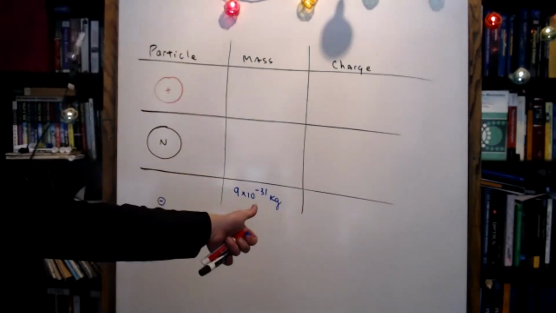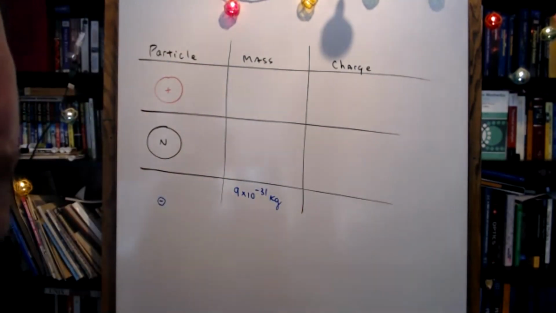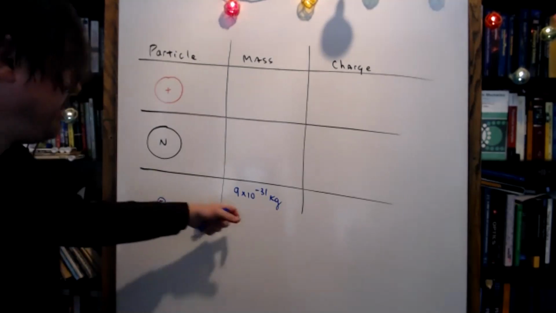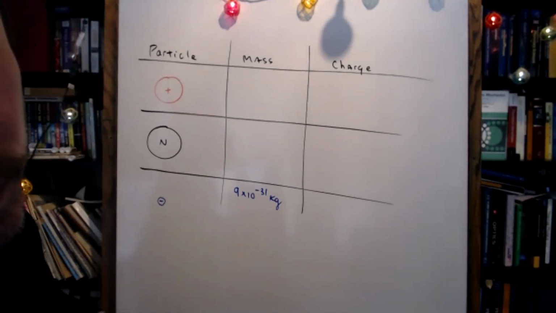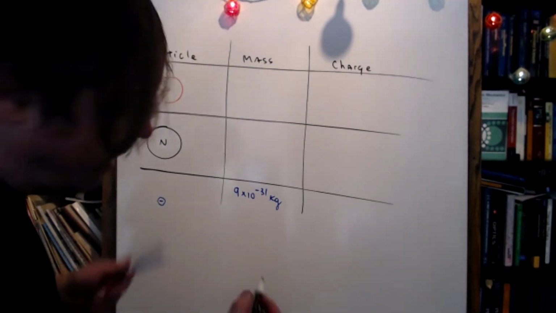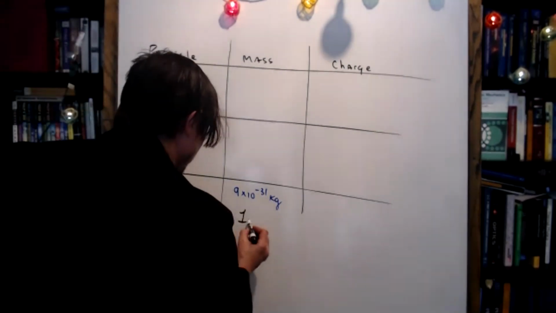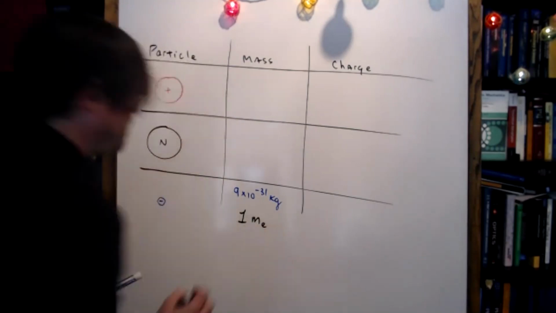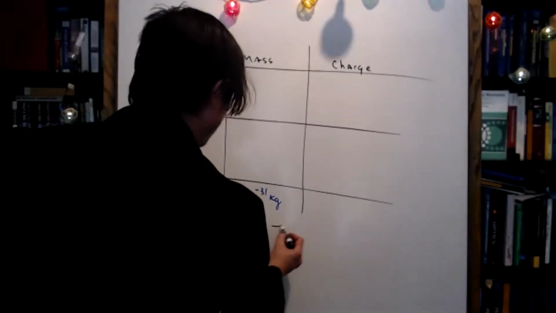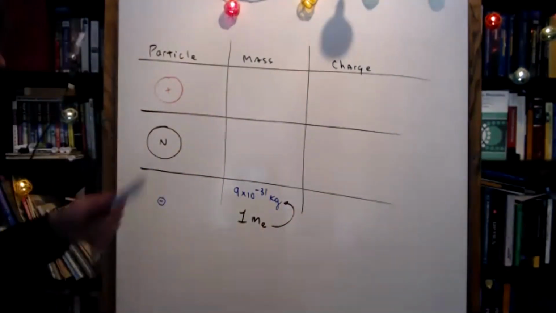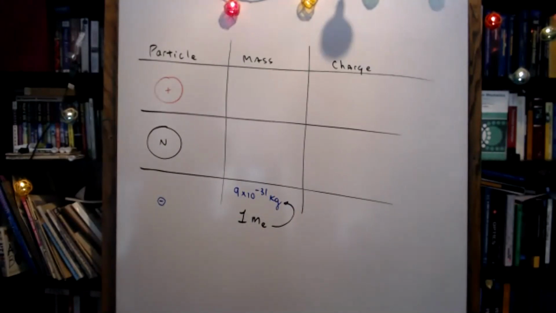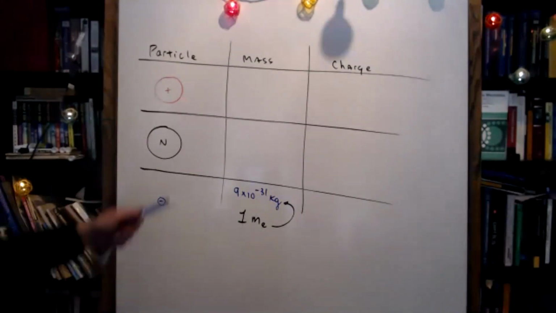But so what? We ain't talking about bricks here. We're talking about electrons. They're pretty teensy-weensy, itsy-bitsy. It might be nicer to just refer to the mass of an electron as 1 electron mass. So I'm going to call it 1 ME, and I'm going to define 1 electron mass as 9 times 10 to the negative 31 kilograms.